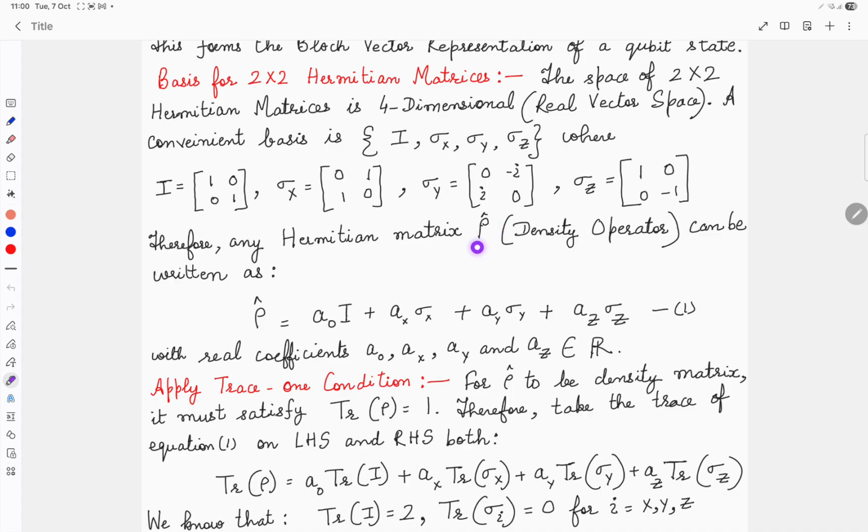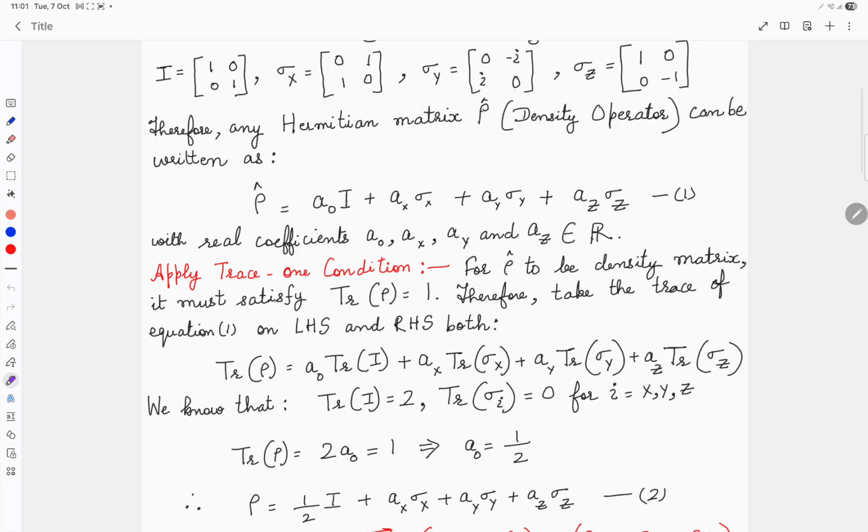In our case, let us take the density operator as the matrix of interest. Therefore, any Hermitian matrix rho, which is the density operator, can be written as a linear combination of identity, Pauli X, Pauli Y and Pauli Z, where a0, ax, ay and az are coefficients and these belong to the real number space.